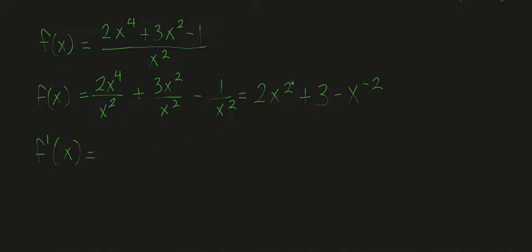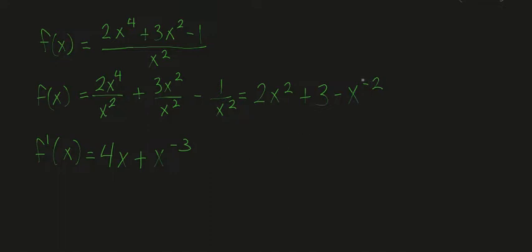We're going to multiply the exponent by 2. 2 times 2 is 4 times x to the power of 1, but we don't have to write it. This plus 3 goes away. Whenever you take the derivative of a constant, you get 0. And then the derivative of negative x to the power of negative 2 will be plus x to the power of negative 3.